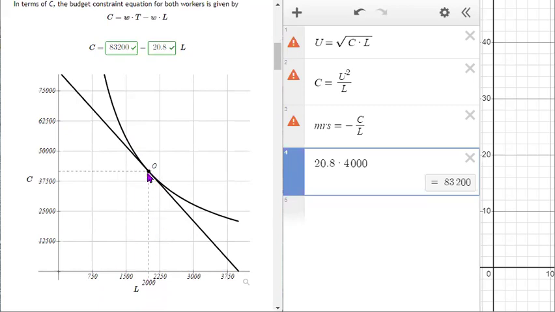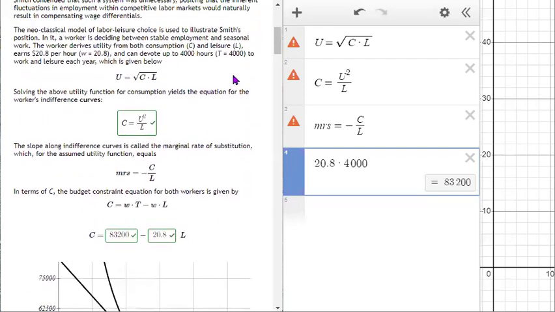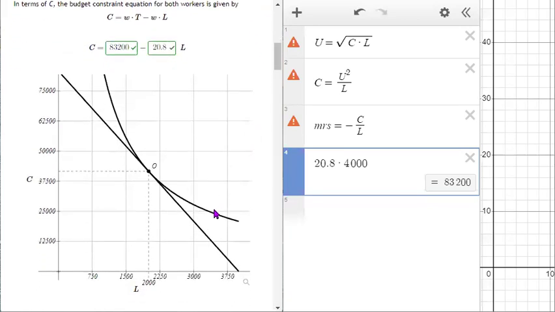At the original optimal solution, leisure is 2,000. In my model, leisure is 2,000. That means hours worked is 2,000 because 2,000 plus 2,000 equals this 4,000. And then consumption looks like it's between 37,500 and 50,000.